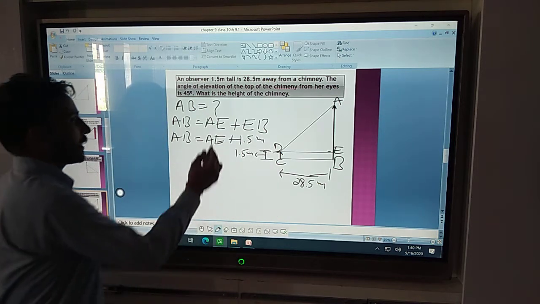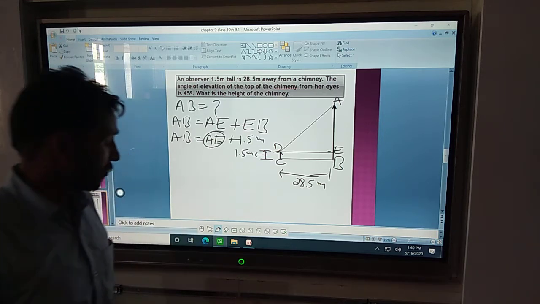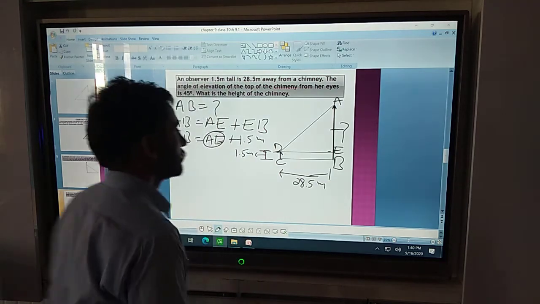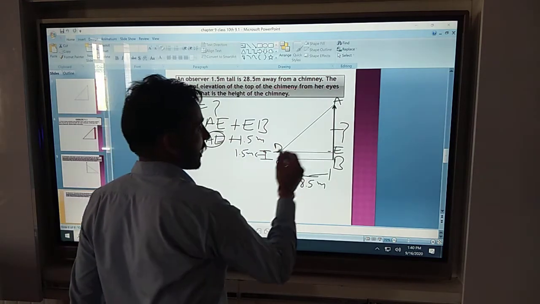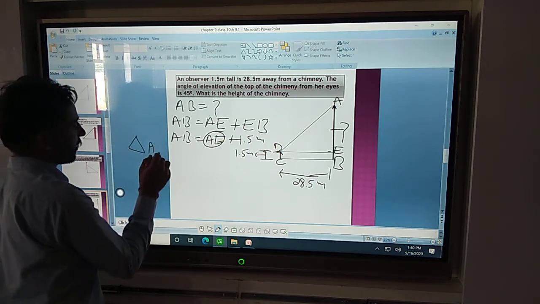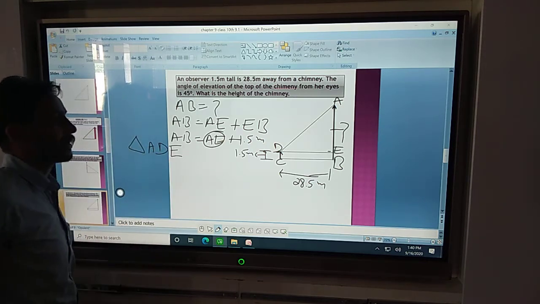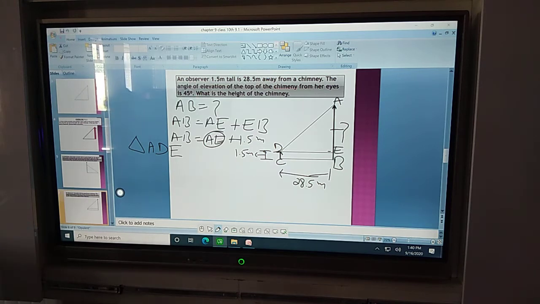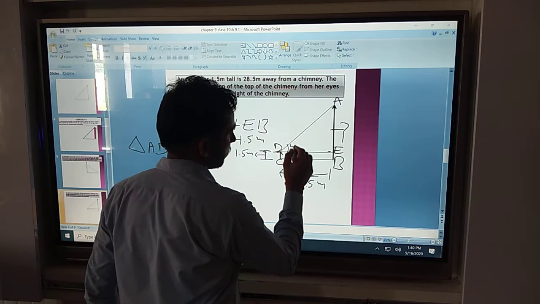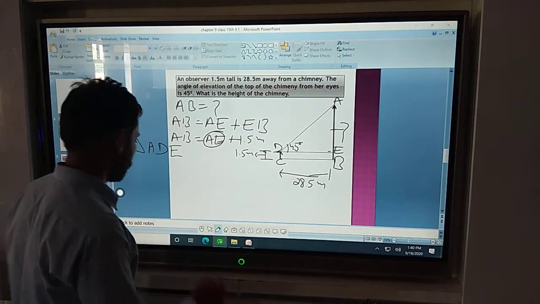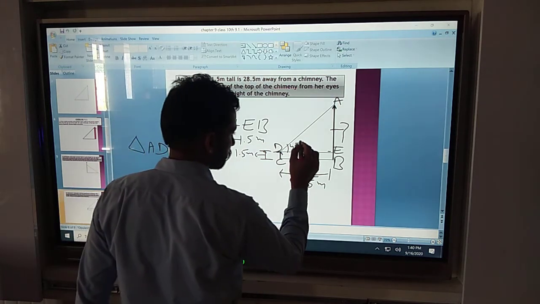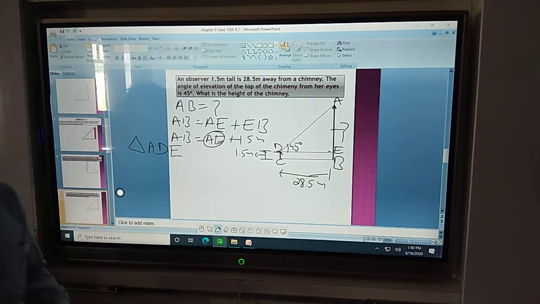Now, we have to find AE. This is the right angle triangle ADE. The angle of elevation is also given, 45 degree.